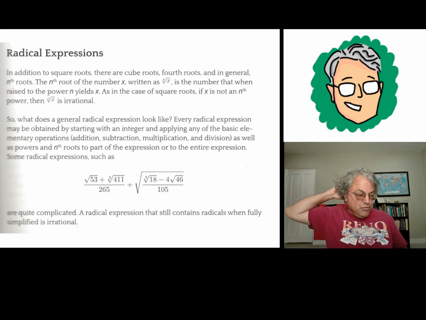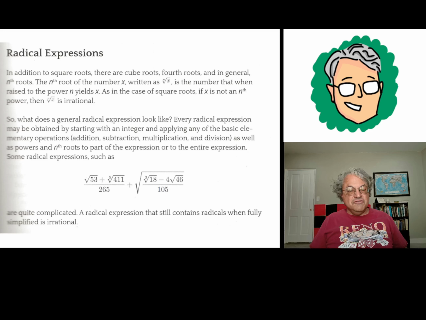You can have cube roots, fourth roots, fifth roots, roots of arbitrary degree. You just write a symbol n on the top left to indicate that it's the nth root instead of just a square root. For instance, a cube root you would write with a little 3 on the upper left, fourth root a little 4, fifth root a little 5, and so on.